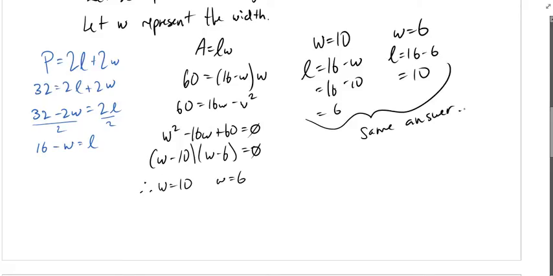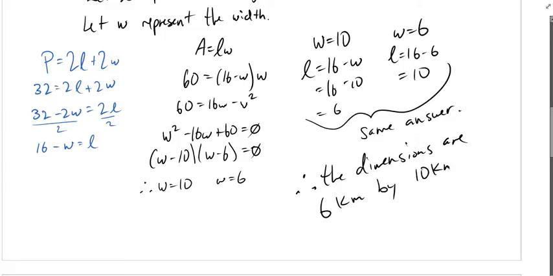My dimensions are 10 by 6 or 6 by 10. It's the same thing. It's not two different answers if you just reverse them. I don't know that you'd be marked wrong if you said it that way, but in this case, just because of how we interpret this problem, these are the same answers. So therefore, the dimensions are 6 kilometers by 10 kilometers.